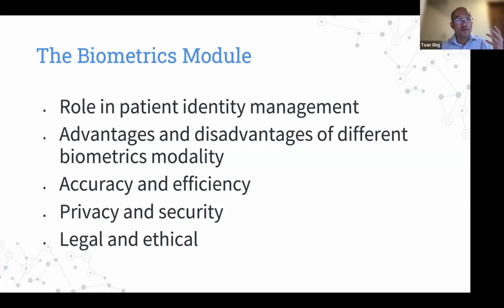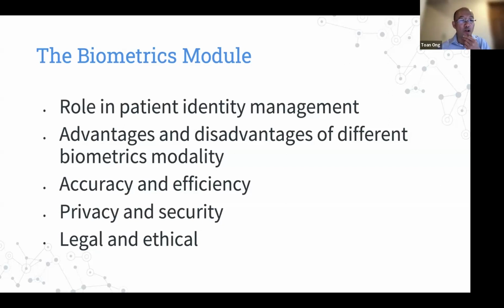And then we also talk a lot about the advantages and disadvantages of different biometrics modalities, right? What are the drawbacks and the benefits of using fingerprints or facial recognition, or other biometrics features that you can use.